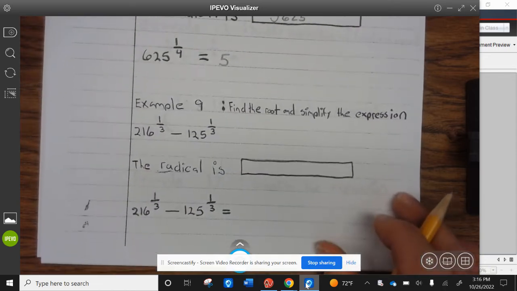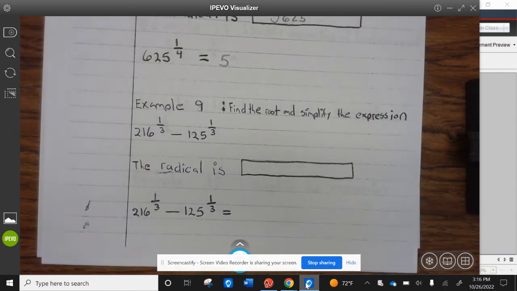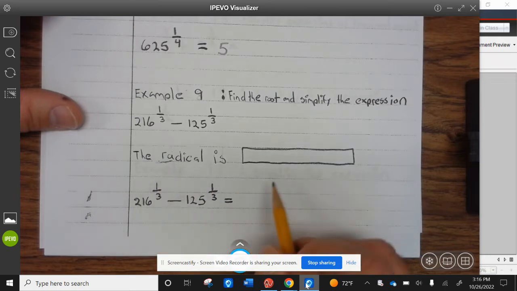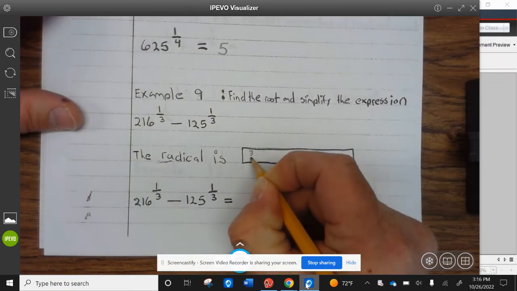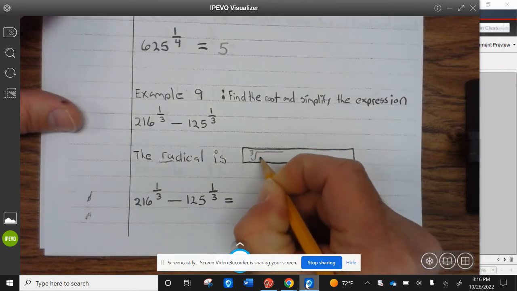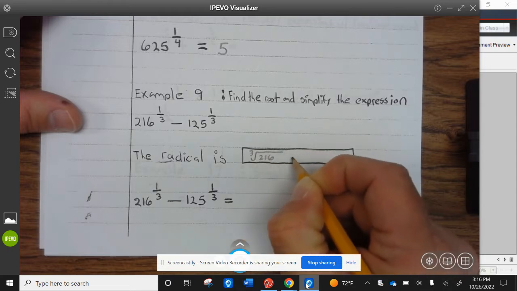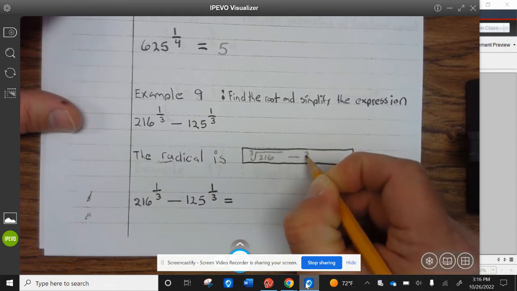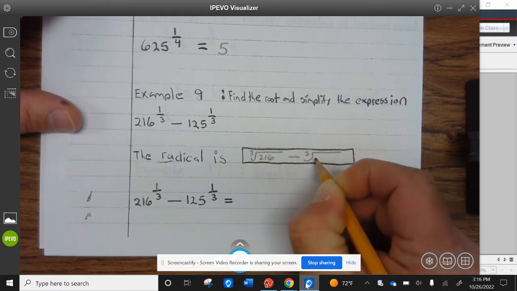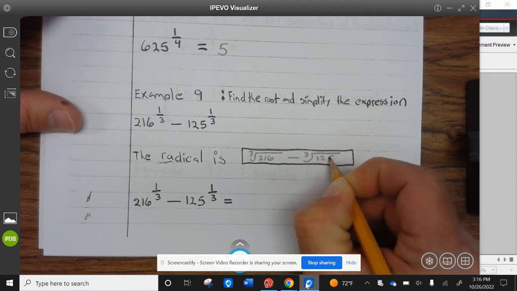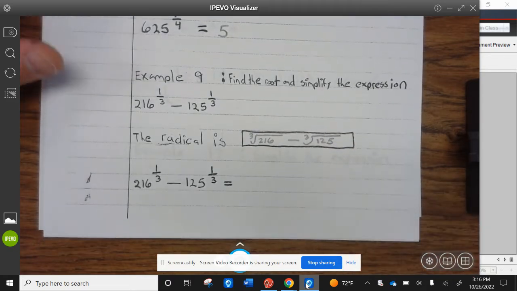All right, let's take a look at example 9. So this becomes the cube root of 216 minus the cube root of 125. So we need to put that in our calculator.